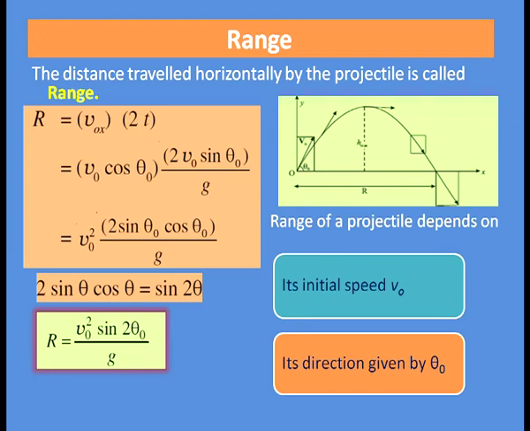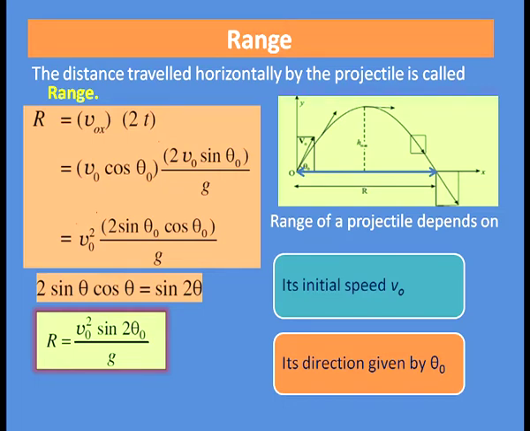Now, what is range? The distance travelled horizontally by the projectile is called range. So, R, that is range, equal to v o x into 2t. v o x is the horizontal velocity component and 2t is the total time of flight. v o x is v 0 cos theta 0 and t equal to v 0 sin theta 0 divided by g.